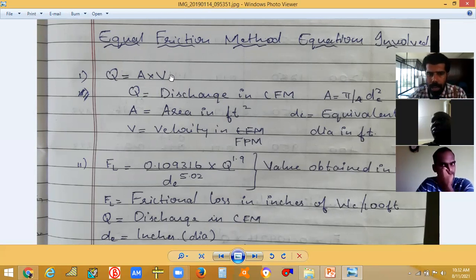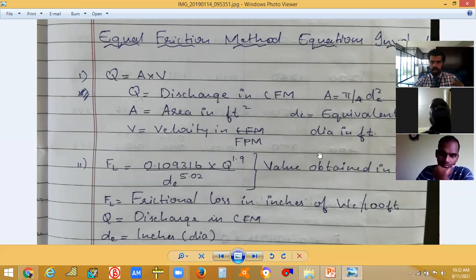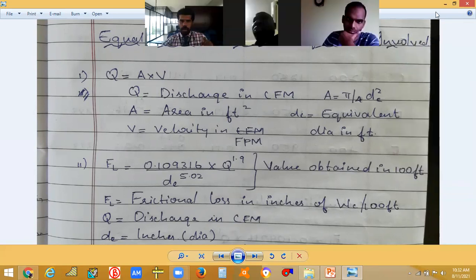Okay. So write this formula, and the second formula is FL, meaning friction loss, equal to 0.109316 into Q raised to 1.9 divided by D_I raised to 5.02.